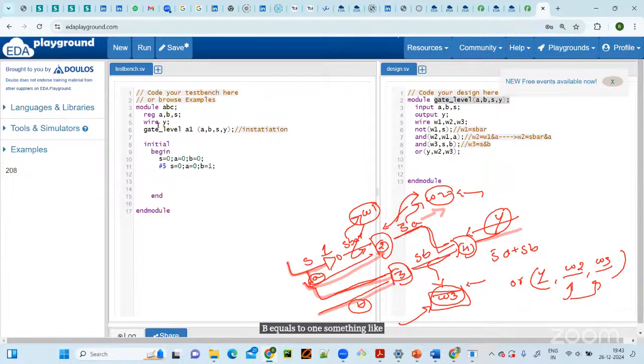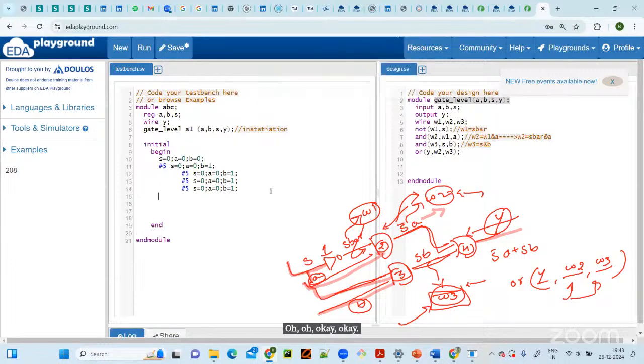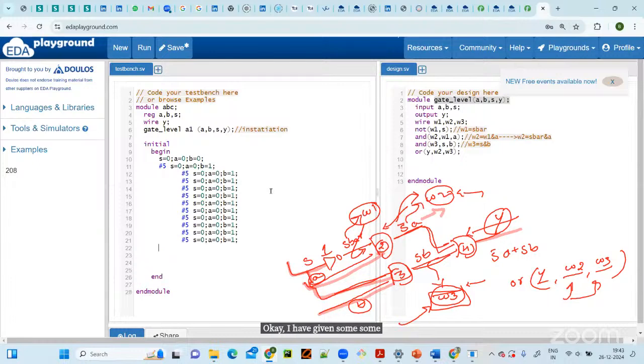Okay, I'm trying to give some logic here.